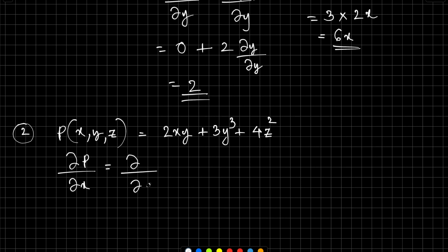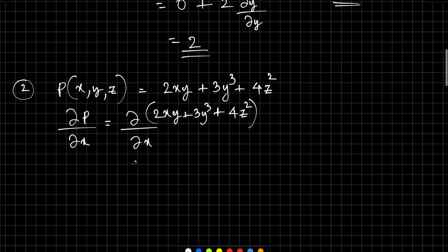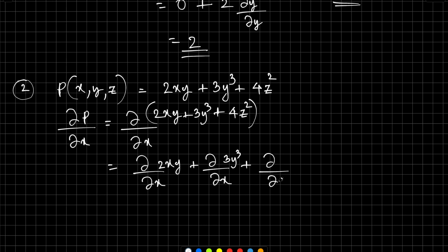So dou by dou x of this whole function, 2xy plus 3y cube plus 4z square. Dou by dou x of 2xy plus dou by dou x of 3y cube plus dou by dou x of 4z square.